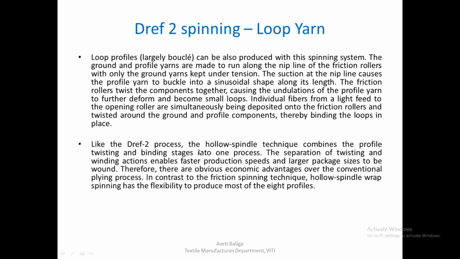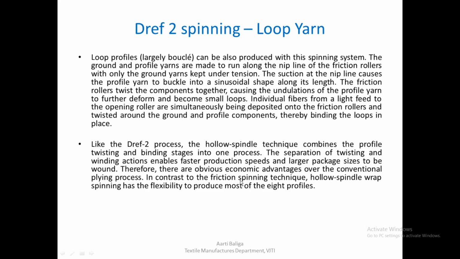Like the DREF2 process, the hollow spindle technique combines the profile twisting and binding stages in one process. The separation of the twisting and the winding actions enables faster production speeds. So the advantage here is faster production and larger package sizes to be wound. Therefore, there are obvious economic advantages over the conventional plying process.